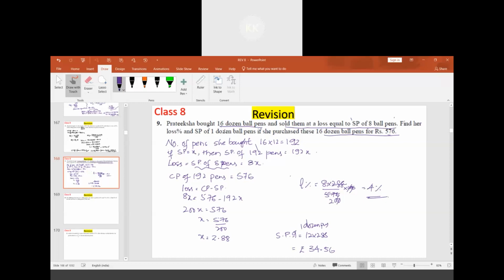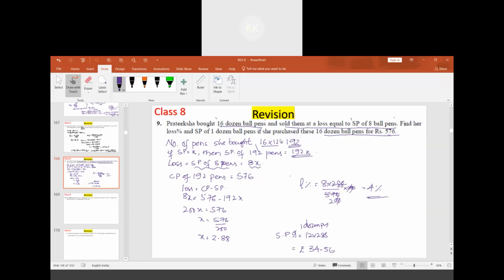Number of pens she has bought is 16 dozen, so 16 times 12 is 192. If the selling price is x, for 192 ball pens the selling price becomes 192x. So loss is the selling price of 8 ball pens, which is 8x.